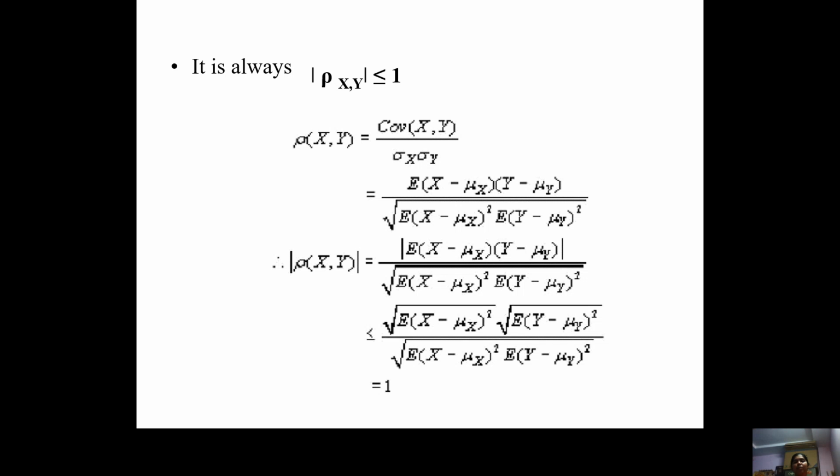If you observe this, the expressions in the numerator and denominator are the same, so they cancel, giving 1. Thus we have proved that the modulus of the correlation coefficient rho of xy is always less than or equal to 1 but not greater than 1.